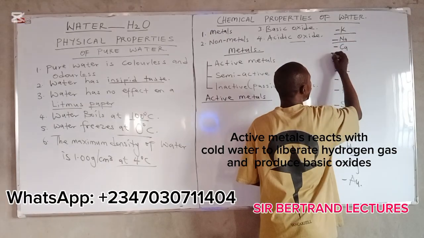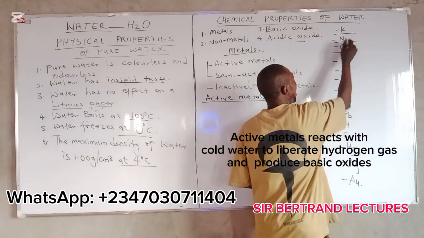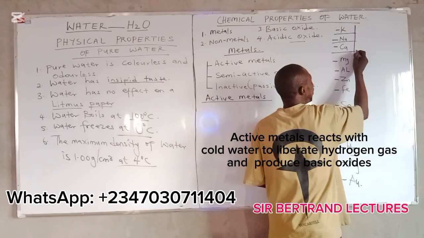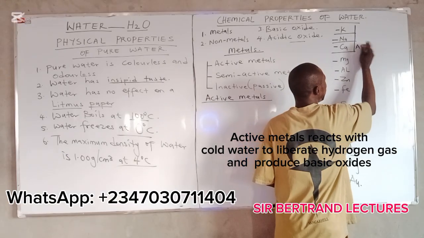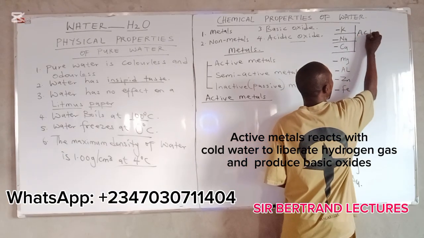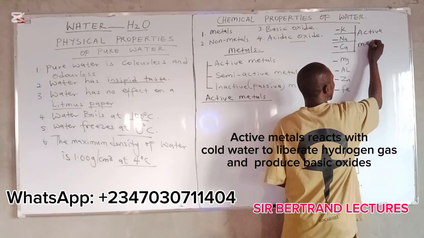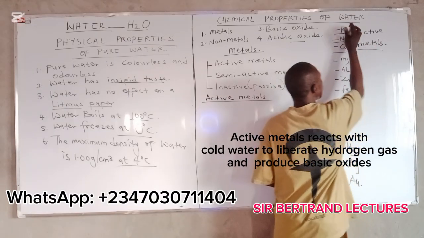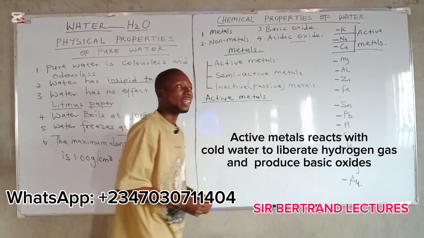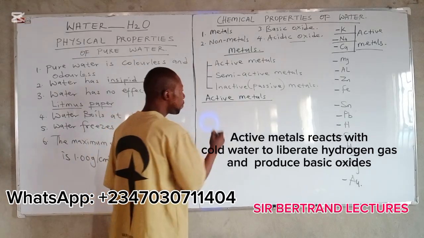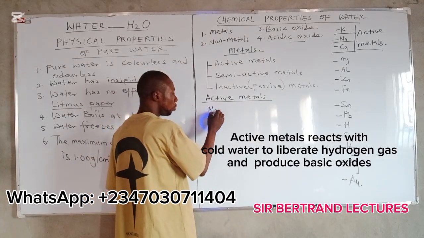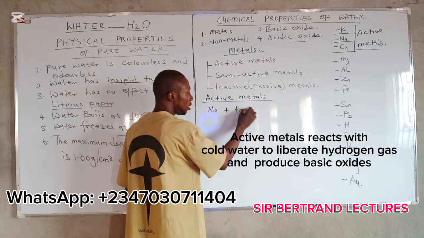Now, the active metals here are potassium, sodium, and calcium. These 3 here are the active metals. They include potassium, sodium, and calcium. Take for example, sodium reacting with water.